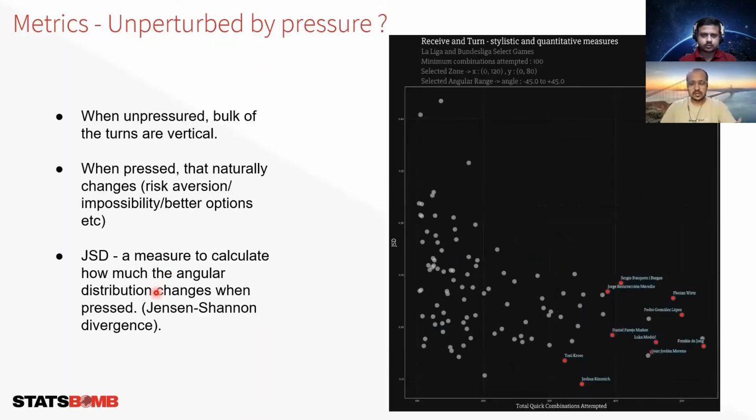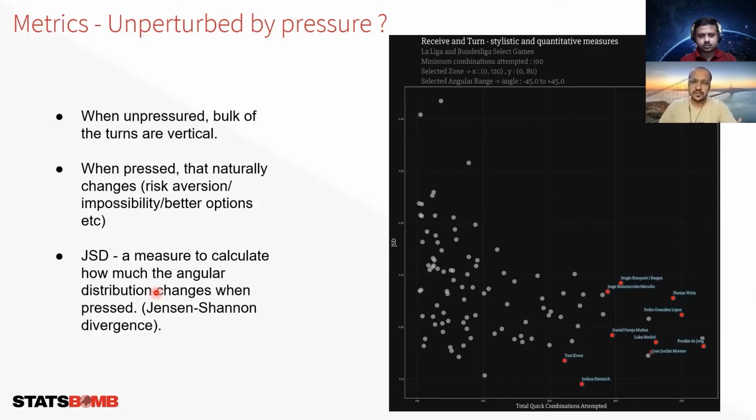And the last metric that we have for you is whether the players change the way that they pass when they're under pressure. And as has been the norm, the elite players don't really tend to do that.